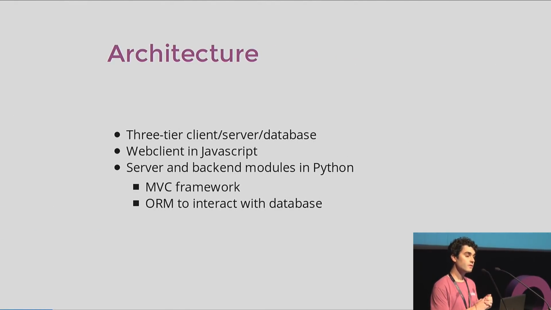Odoo is working with a 3-tier client-server database. We are on a one-page app that you access through a browser, a web client that is fully written in JavaScript. But today I will not talk about the JavaScript part. There is another talk about that.